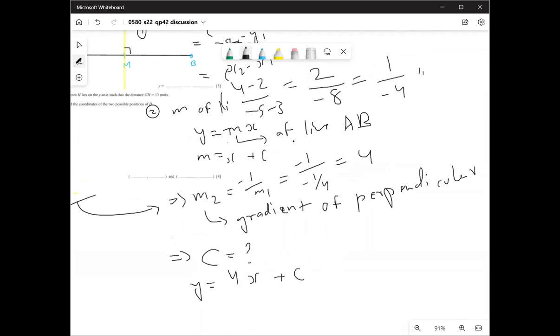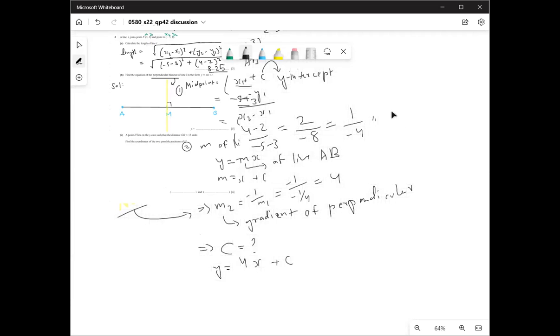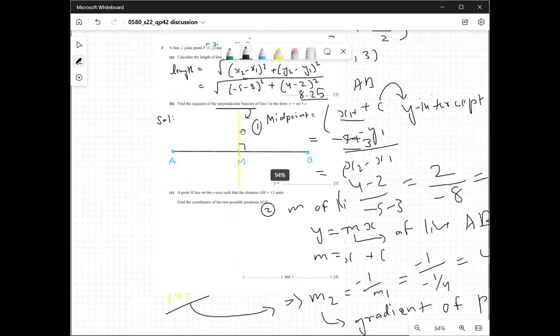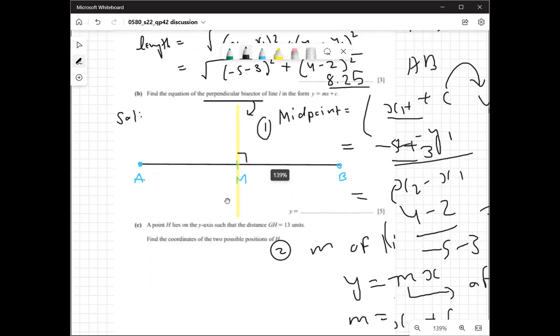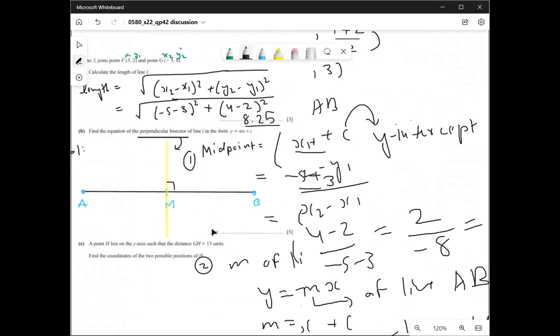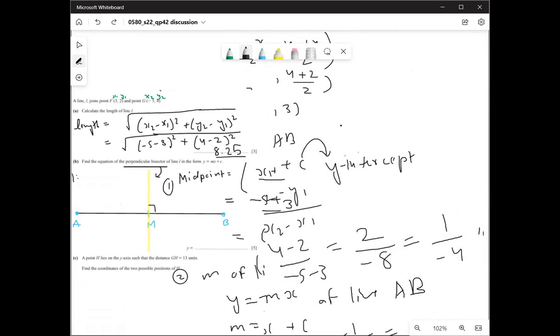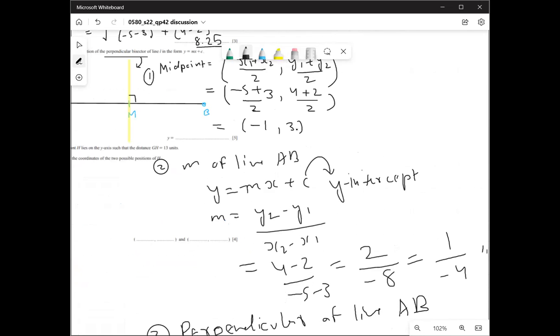So we found the midpoint, and I know that this line passes through the midpoint. The perpendicular bisector passes through the midpoint only. This is the common point. So I can use the midpoint, which I found to be how much? -1 and 3.